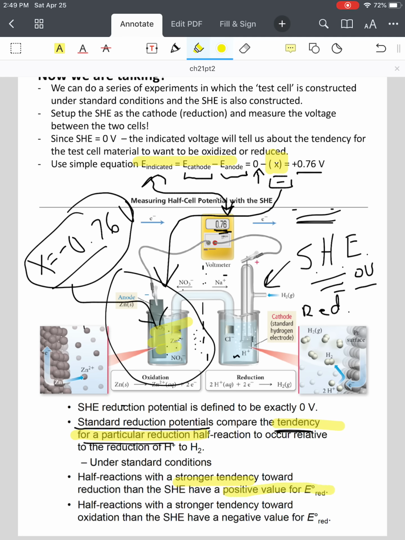That's the standard reduction potential that we solved for in the experiment.